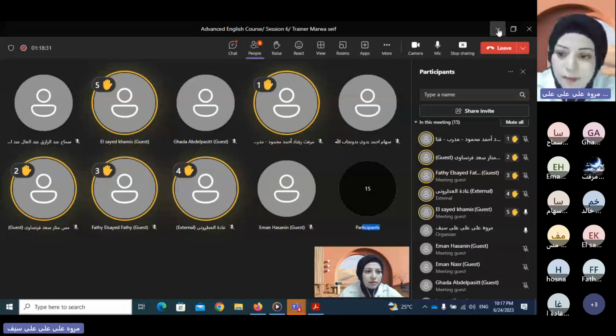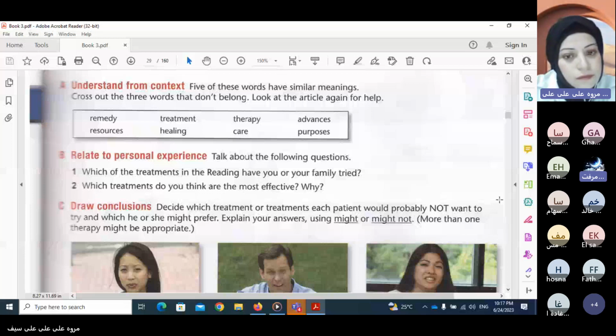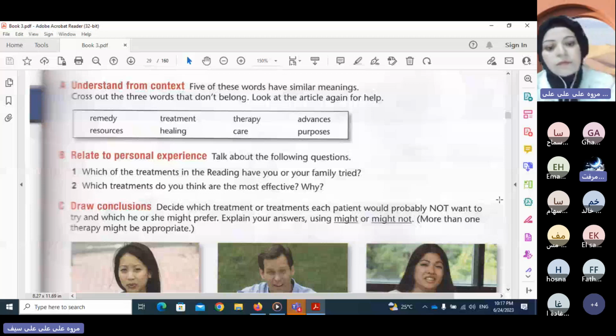Express yourself. Okay. Hi, this is Mervat. I think, the first question: which of the treatment and the reading have you or your family tried? Me and my family tried conventional treatment. It is very effective when you treat some kind of cold or a rash, you can apply any kind of cream.